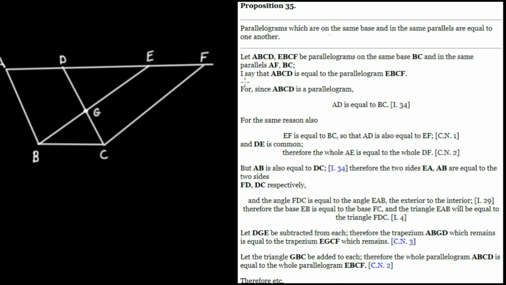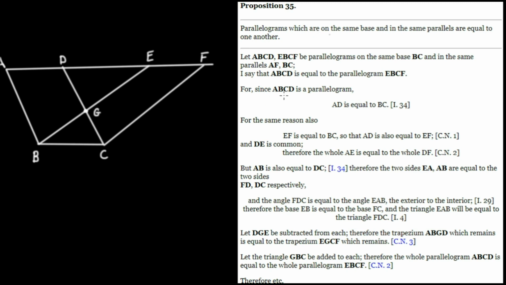And the claim is that I say that ABCD is equal to the parallelogram EBCF. And equal, in context here, he means that the same area is swept out by the two parallelograms. And we proceed to prove this.